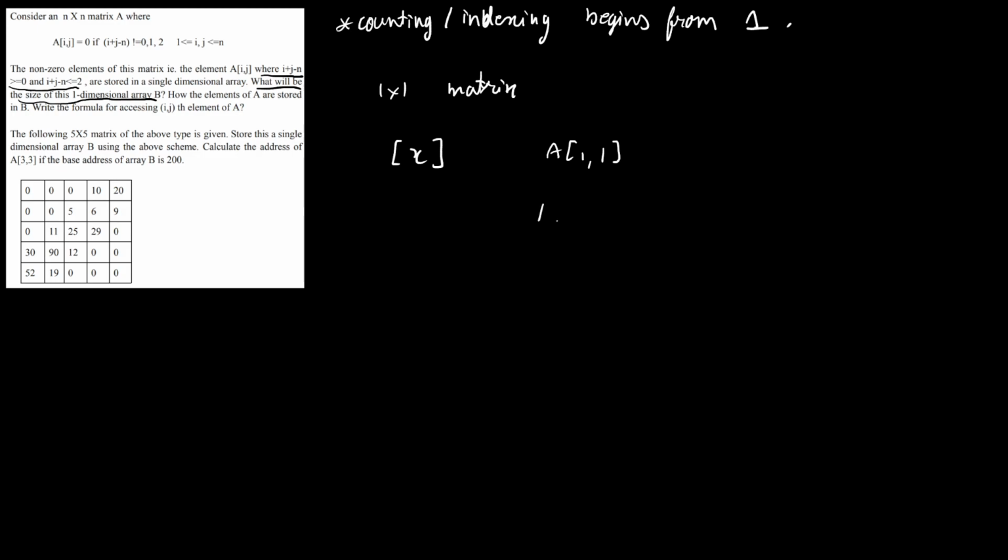So I is 1, j is 1, and n is 1. This is indeed equal to 1. So this would be a non-zero element. So the dimension of array B would be 1, because one non-zero element, so one element will be stored.